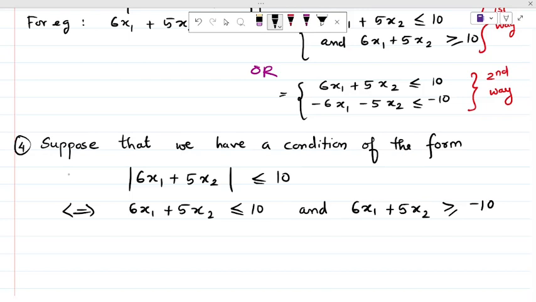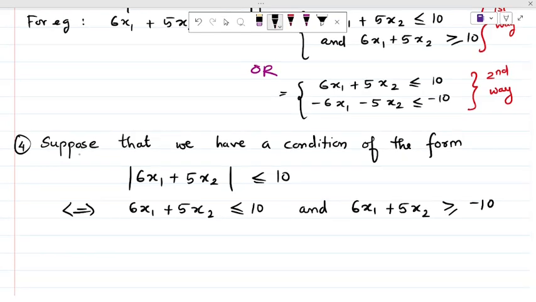Now another way around, if something like this is there, this is case 1.